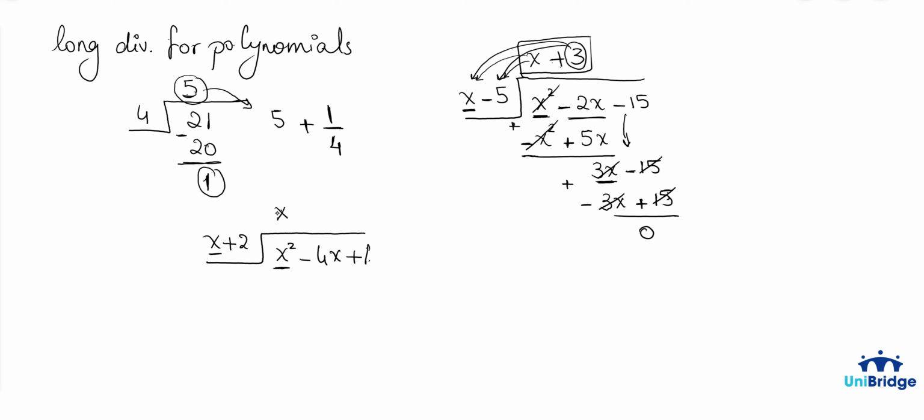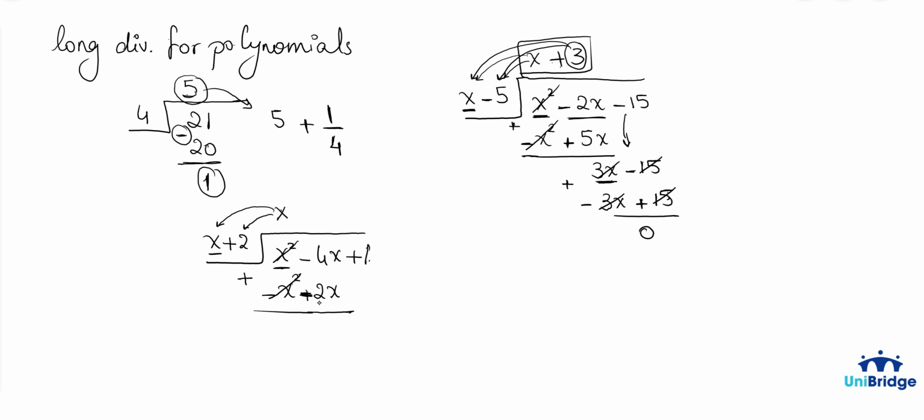You put the x you just got here, and you multiply it by the two terms that you're dividing by. So x multiplied by x is x squared. x multiplied by 2 is positive 2x. We subtract, so it's easier to change the signs, make this negative and negative, and add. So x squared cancels with the x squared.